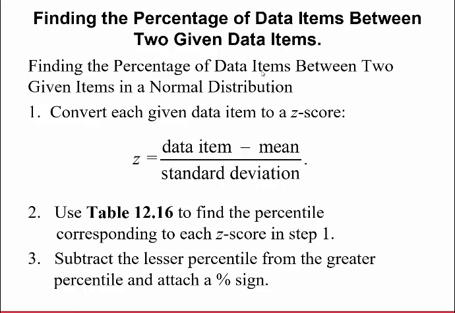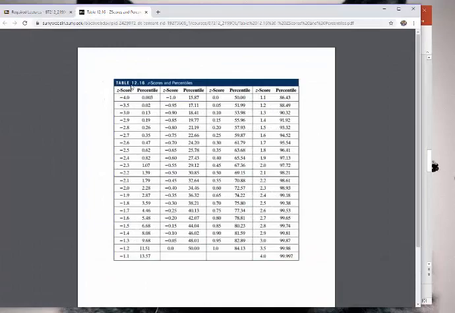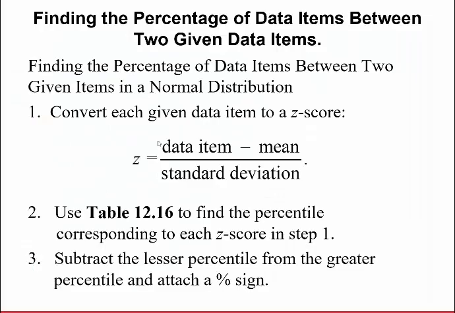Finding the percentage of data items between two given items in a normal distribution is done by the following. First, convert each given data item to a z-score. The z-score is always the data item minus the mean, divided by the standard deviation. After you do that, you use this table, table 12.16, to find the percentage corresponding to each z-score.